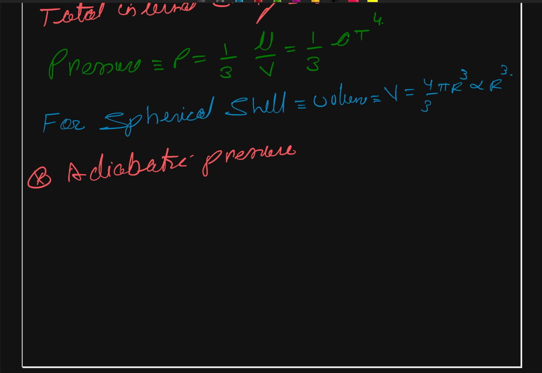So we are having an adiabatic process, and therefore we can write that there is no heat exchange, or we can say our dQ will be equal to 0.